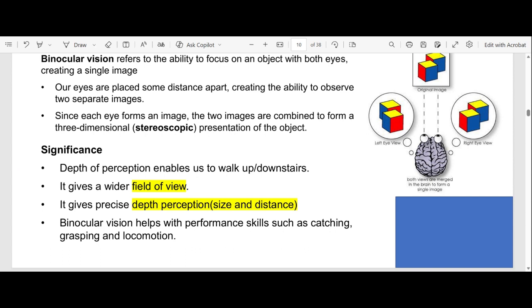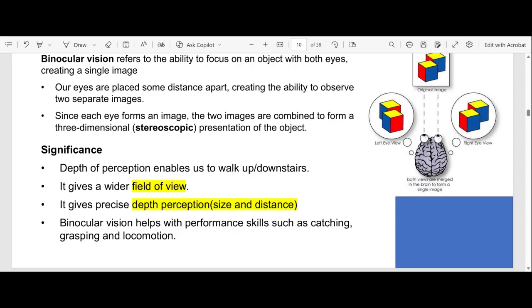It enables us to walk upstairs and downstairs. The second point is that it gives us a wider field of view.